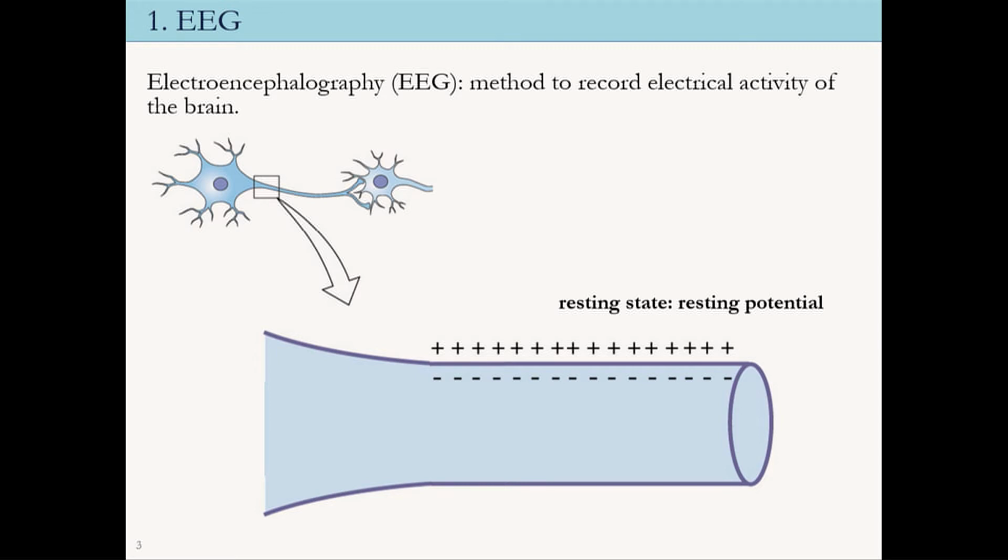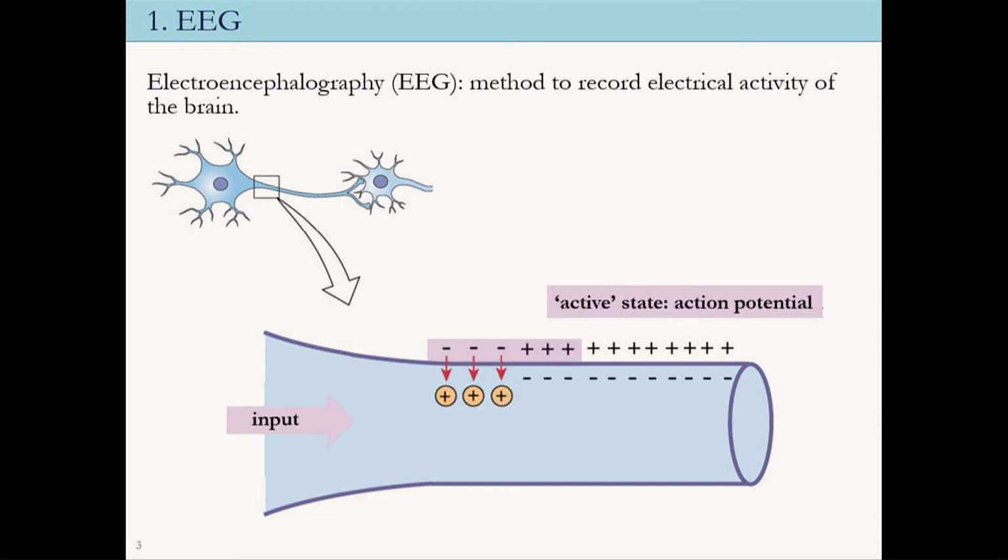When our neurons are at a resting state, there is a difference in the potential across the membrane of the neurons. We have more positively charged ions outside the membrane and more negatively charged ions inside. When the neuron receives an input, a stimulus, there is a reversal of that.